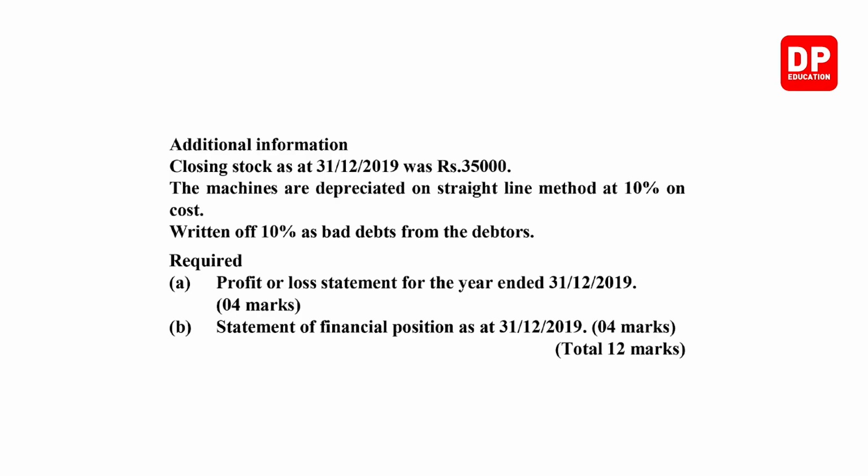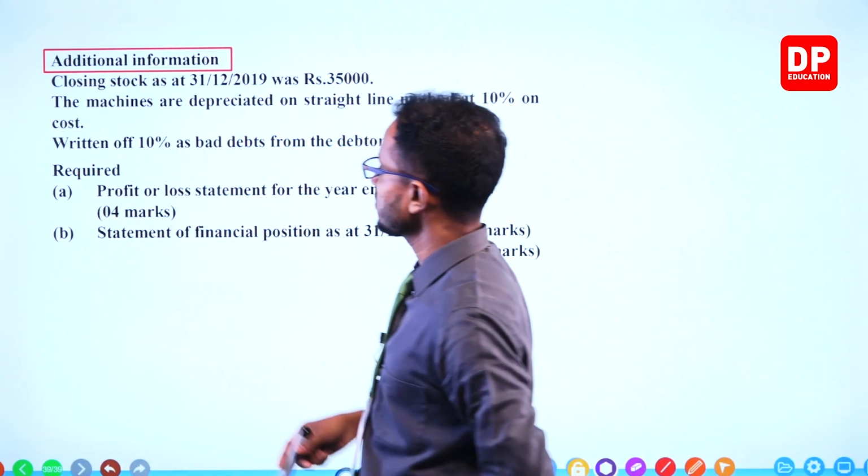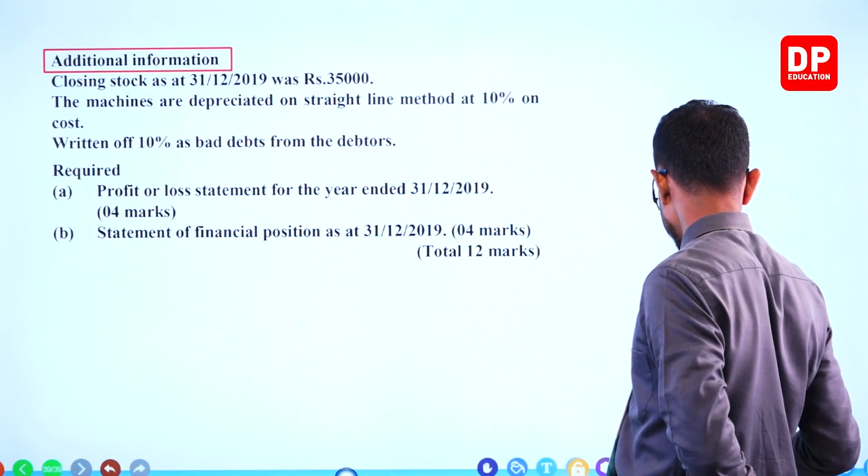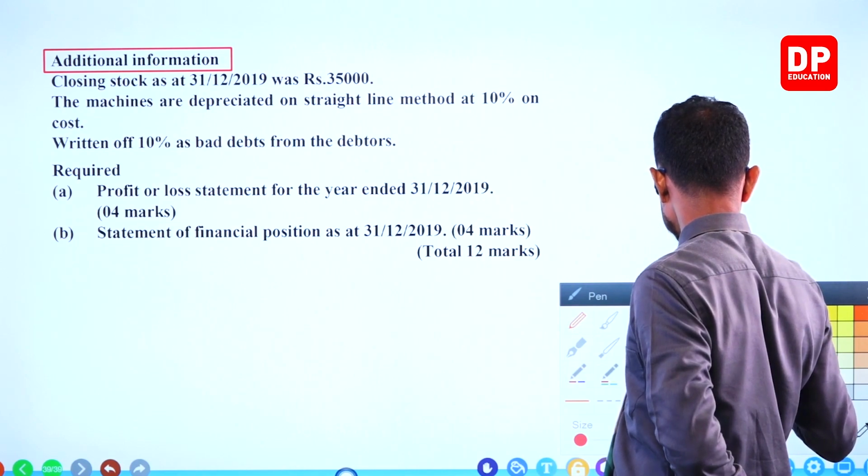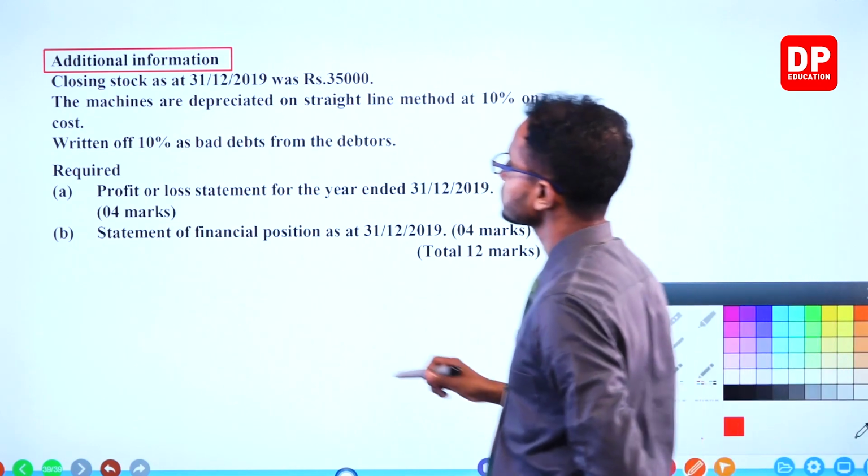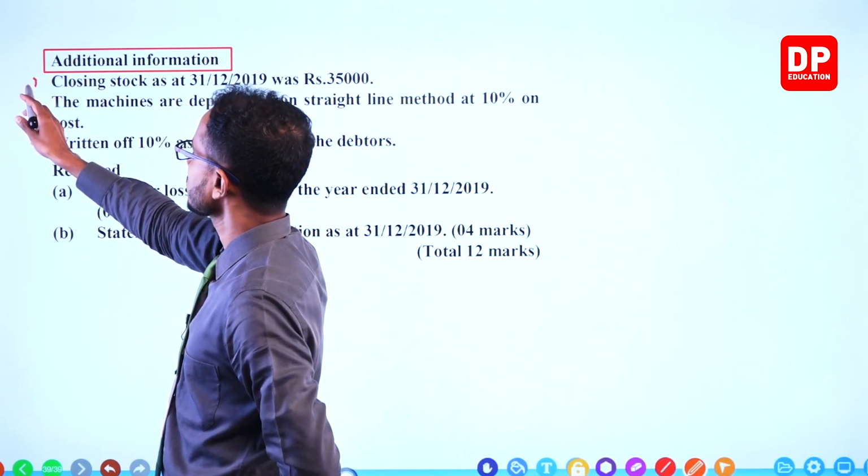On the next page, we must be having additional information. Righto. Likewise, they have given additional information. We have 1, 2, 3. 1.